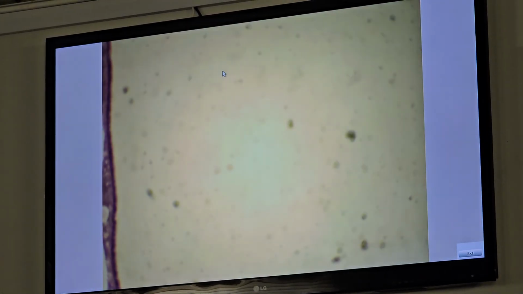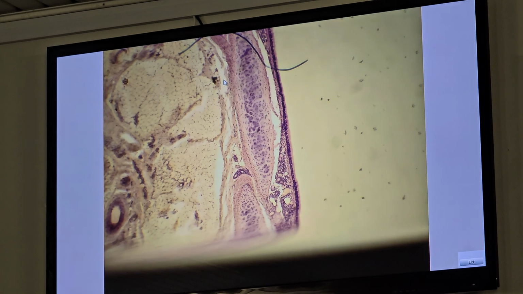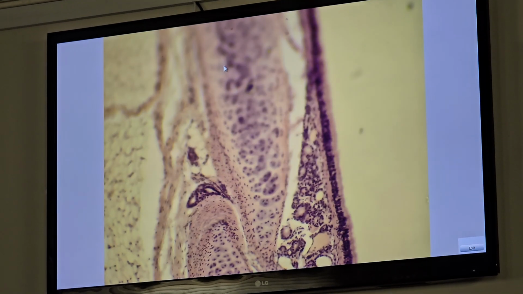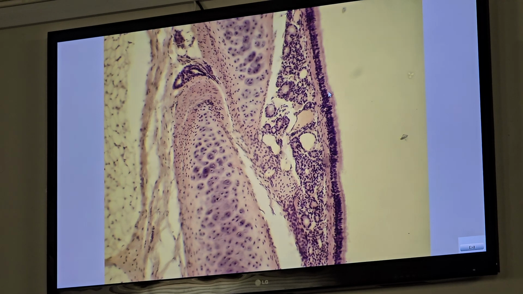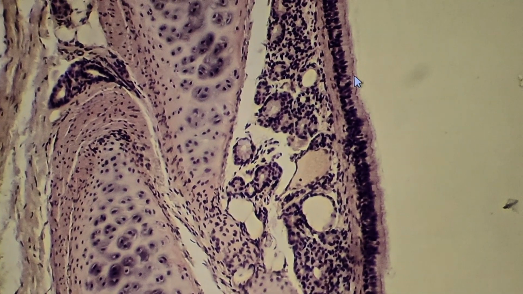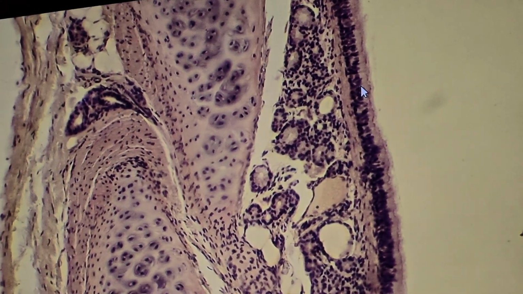Third slide is a longitudinal section in the trachea. The trachea is lined with typical respiratory epithelium, which is ciliated pseudostratified columnar epithelium with how many types of cells?